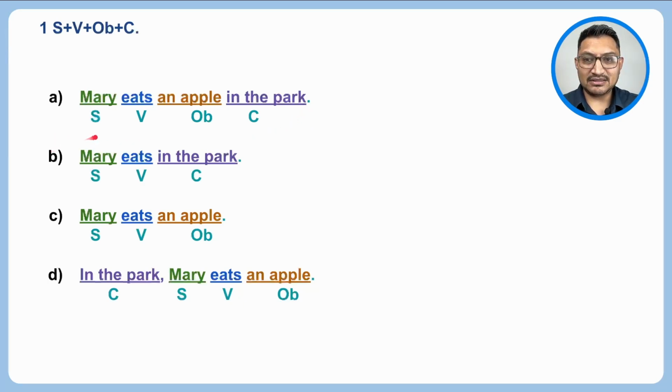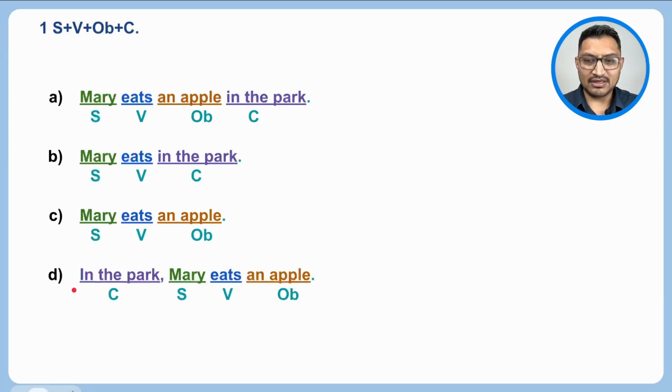But we could eliminate the object. We can say Mary eats in the park. No object. It is possible, yes. Another situation could be that Mary eats an apple, but in this case we don't mention where. So in this case the sentence doesn't have a complement. Also, we could move the complement to the beginning.